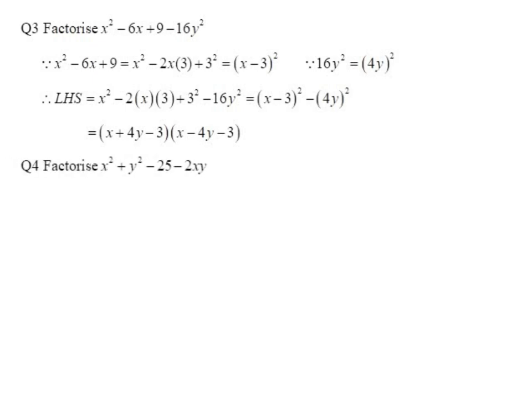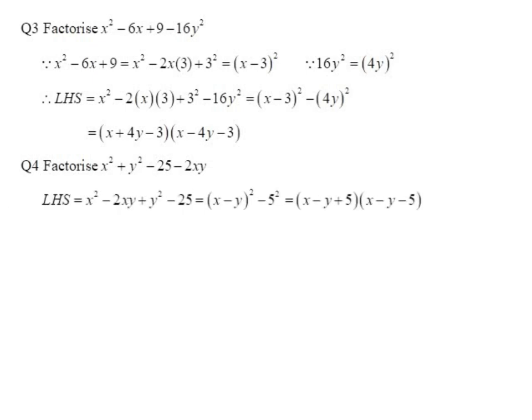Question 4 is asking to factorize x² + y² − 25 − 2xy. Following the last example, this is a similar type of question. You may try it out yourself and see if you can do it comfortably. However, we go ahead and explain this question straight away here.